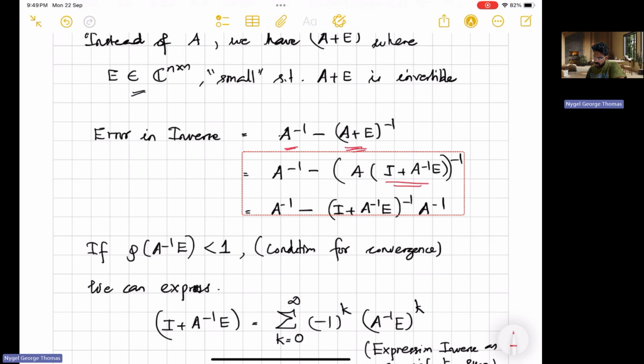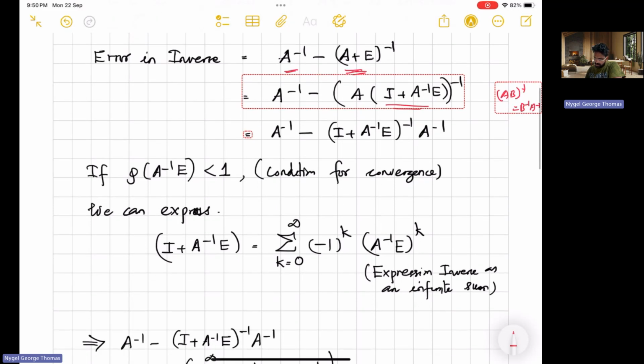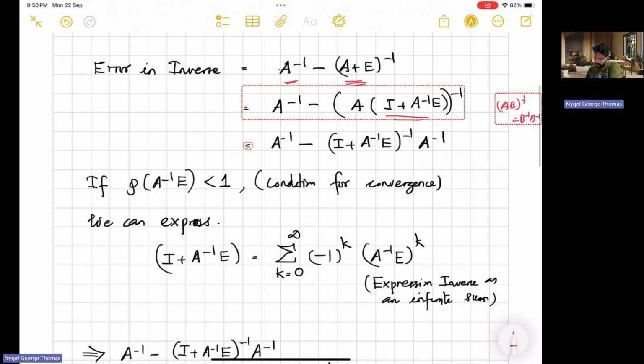Then we can use the formulation (AB) whole inverse is equal to B inverse A inverse. Using that, we get A inverse minus (I plus A inverse E) the whole inverse into A inverse. So this is the error.